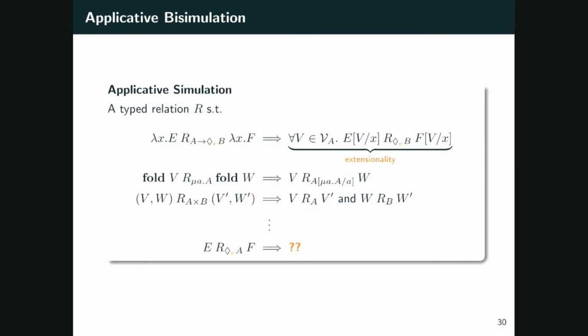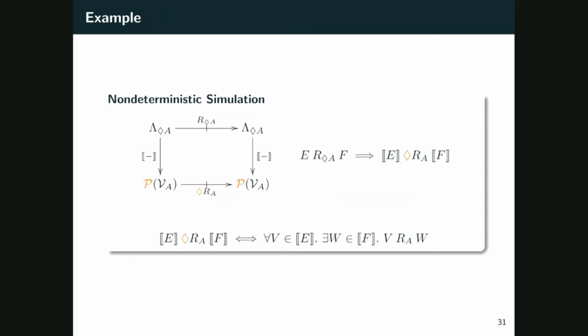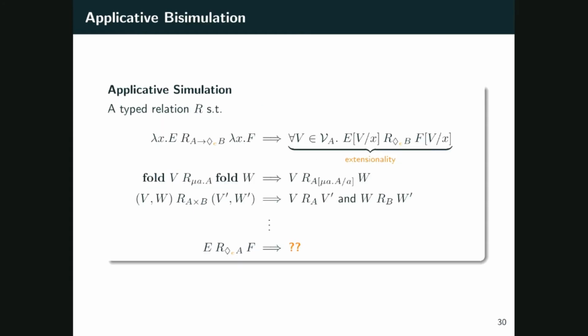So a bit more precisely, let us say that a relation over programs, a relation that respects types, is an applicative bisimulation if whenever it relates lambda abstractions, then it satisfies function extensionality.